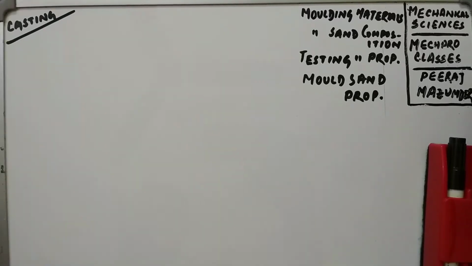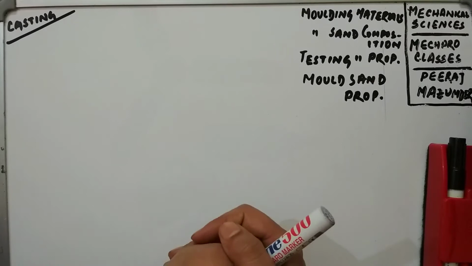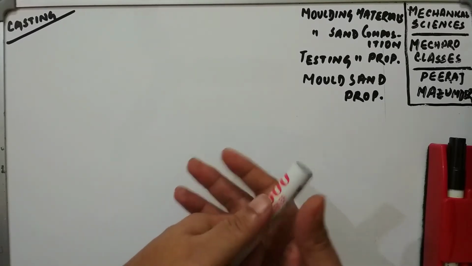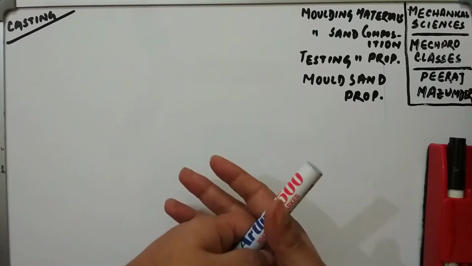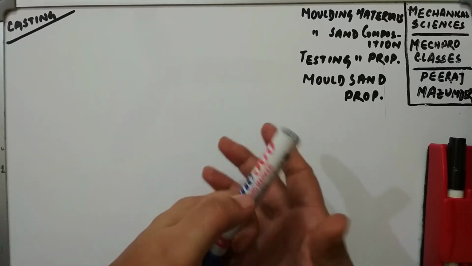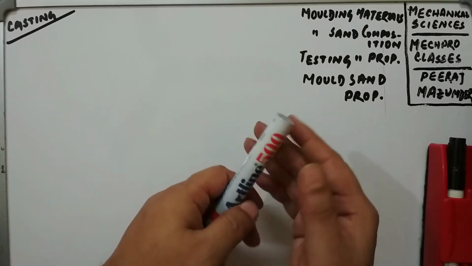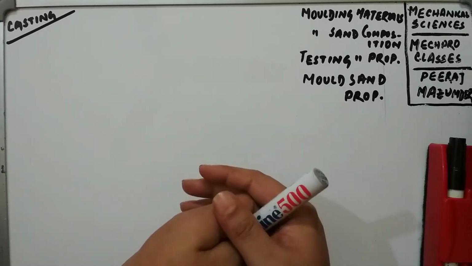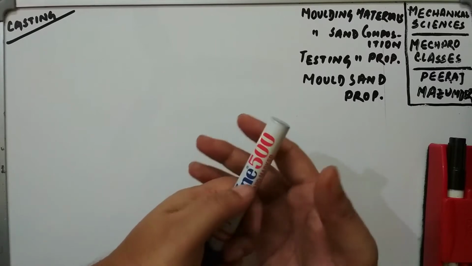Okay, now coming to this molding materials, we already know in molding we have to prepare sand for casting purposes. Now for preparing the sand, that is a mold you can say, where we will be able to pour the molten metal, we have to check some of the properties of the molding materials, or you can say the properties of the sand, mold sand you can say.